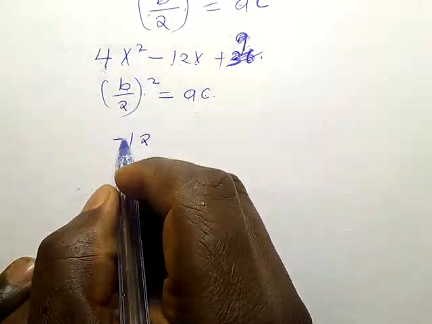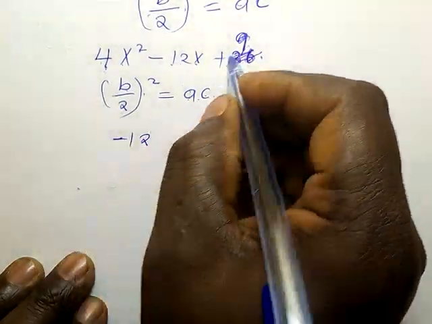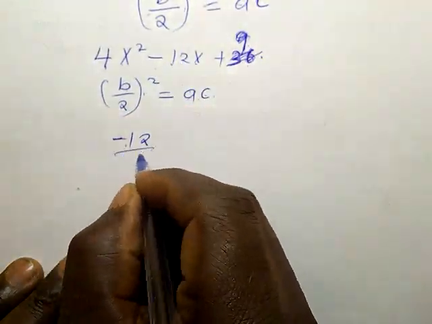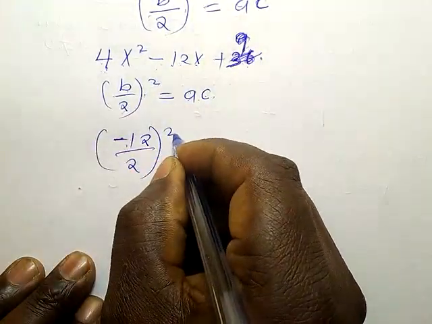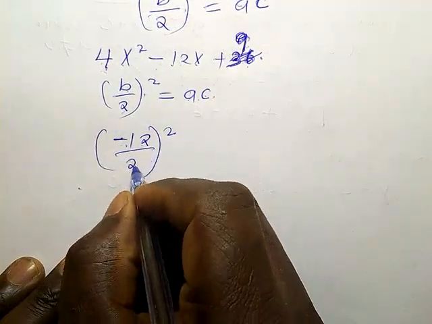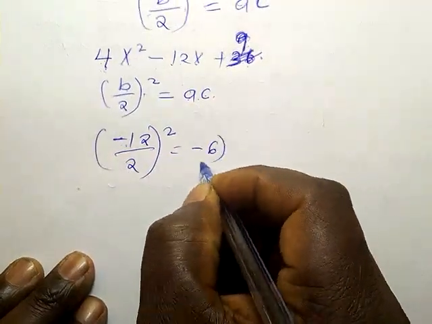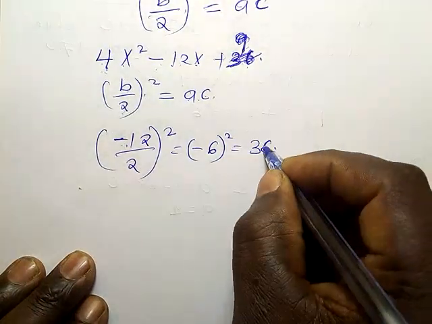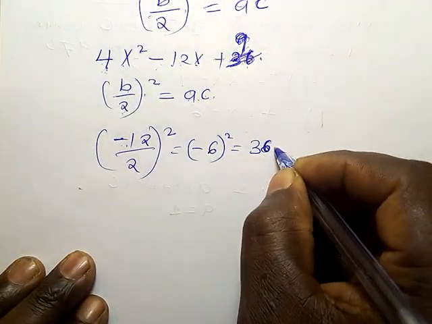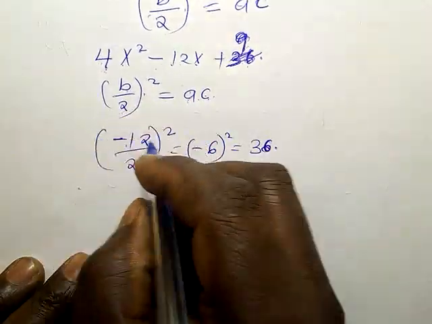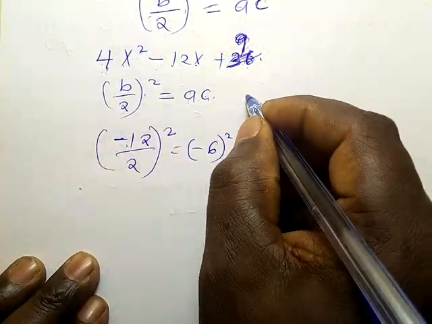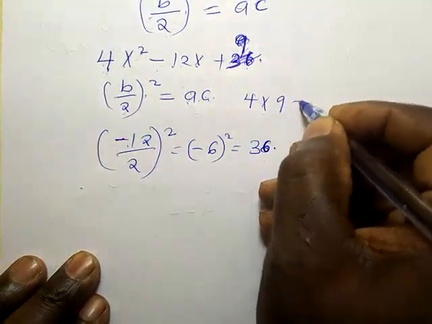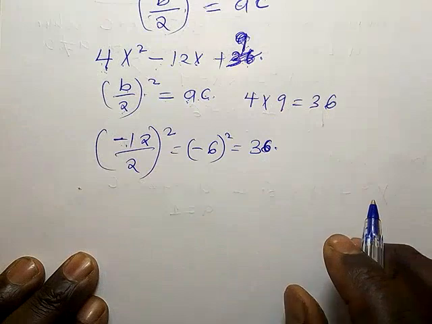So now our c is 9, and our b is negative 12, divided by 2 and then squared. Negative 12 divided by 2, the answer is negative 6. So negative 6 squared, the answer is 36. Now we want to confirm, is ac 36? Yes or no? ac is 4, which is a, times 9, which is c, and the answer is 36.